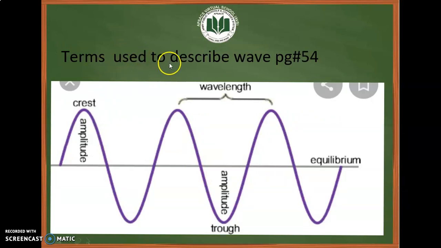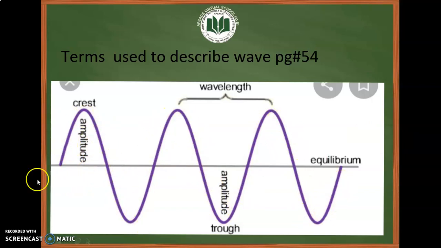The terms which are used to describe the waves are crest, trough and amplitude. Now what are crest, trough and amplitude? To know these terms, imagine you are sitting by the lake side and you throw a stone in still water. What will happen? Circular waves will appear. The water surface will move up and down in this form.